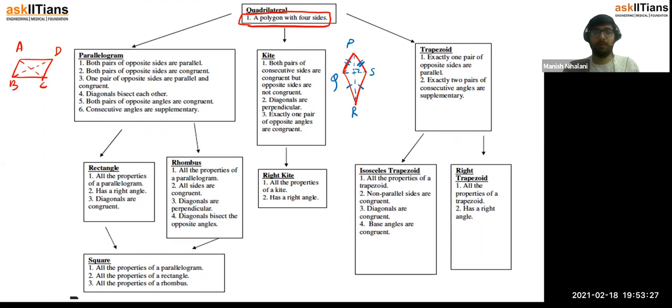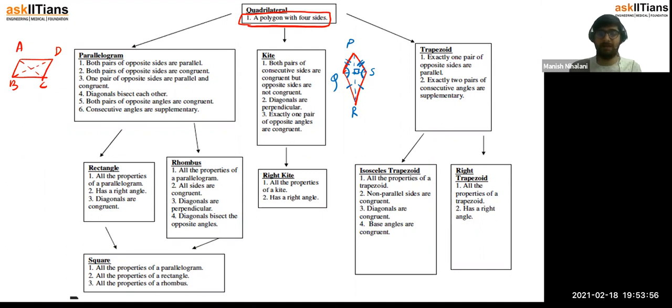And exactly one pair of opposite angles are congruent. That's it. Now we know what those angles are: angle Q and angle S are congruent, right? So this is a kite and all properties of a kite.